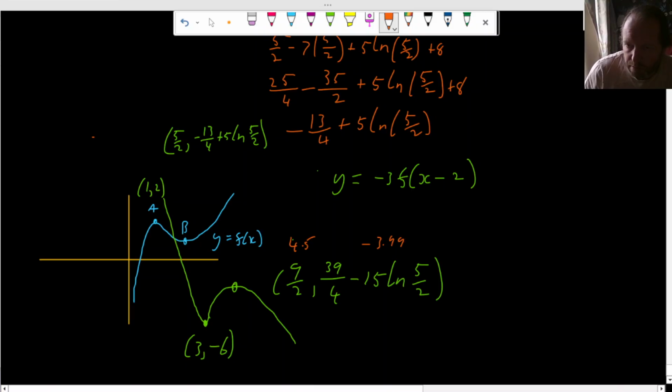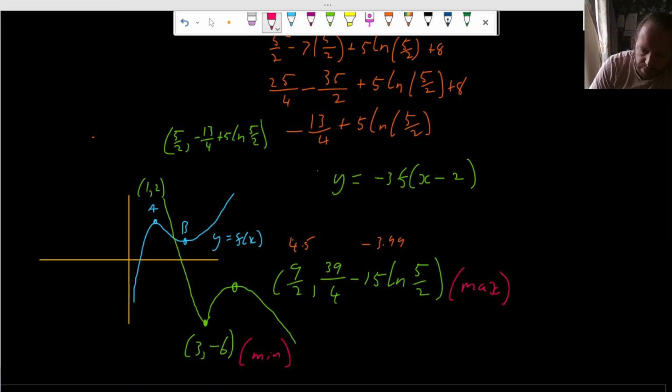One moment. No, they didn't want to know where they were, but they did want us to tell them whether they were minimums and maximums, of which the 3, minus 6 is the minimum, of course, and this one is the maximum of it. Okay, right.